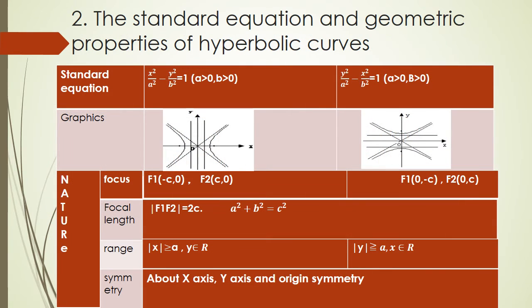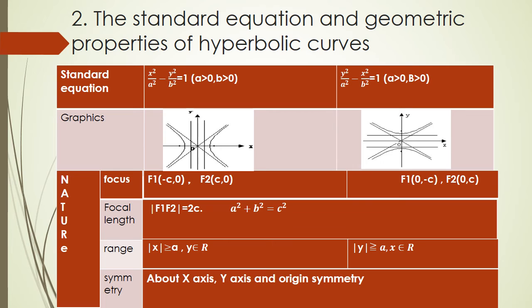Look at part 2, the standard equation and geometric properties of hyperbolic curves. There are two equations: x squared over a squared minus y squared over b squared equal to 1, and y squared over a squared minus x squared over b squared equal to 1. There are two graphics, and look at the focus.